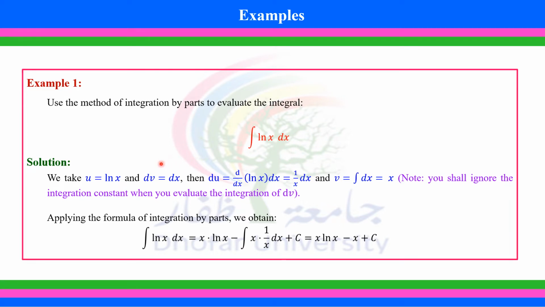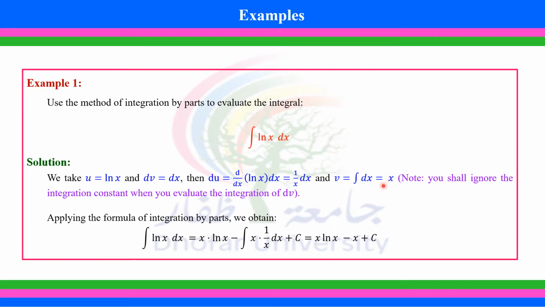Therefore, when u is ln x, du is the derivative of ln x, which is 1 over x, multiplied by dx. dv is dx, so v is the integral of dx, which is x. And here we shall notice that we ignore the integration constant when we integrate dv to obtain v.